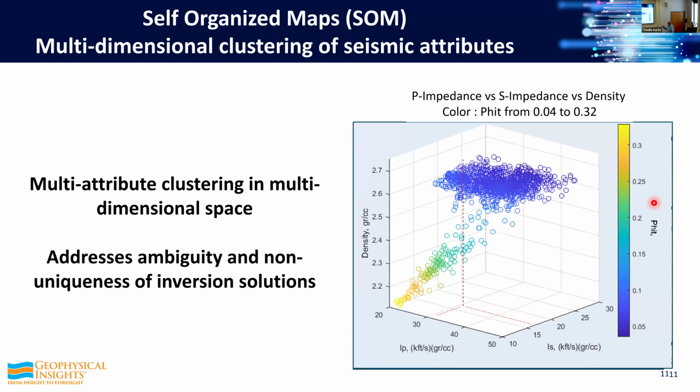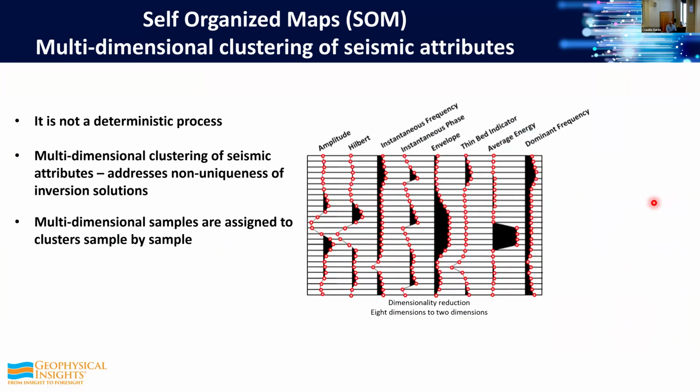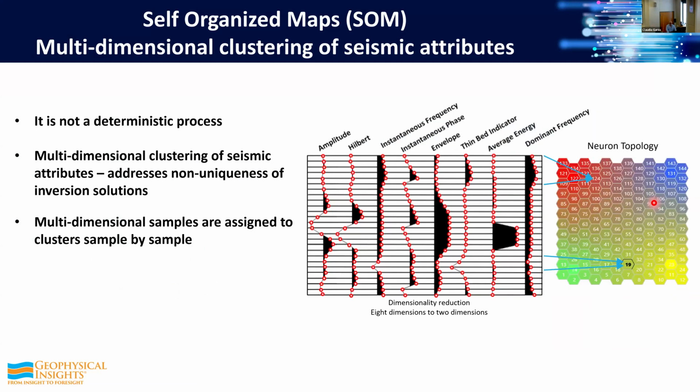So what I'm trying to say is we create a SOM, maybe 10 attributes, and then using the same SOM, we can cross-tabulate with different logs of different lithofacies or different properties that we want to identify, and then compute those properties from the same self-organized map. Okay, so that's one of the nice things about SOM.